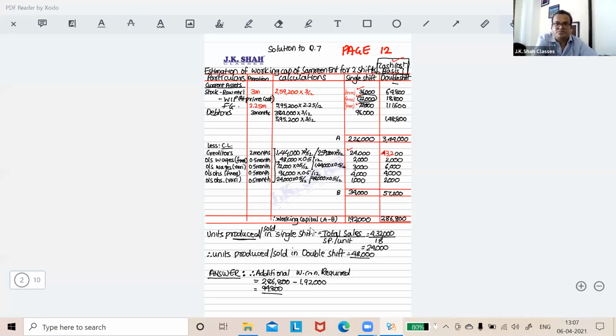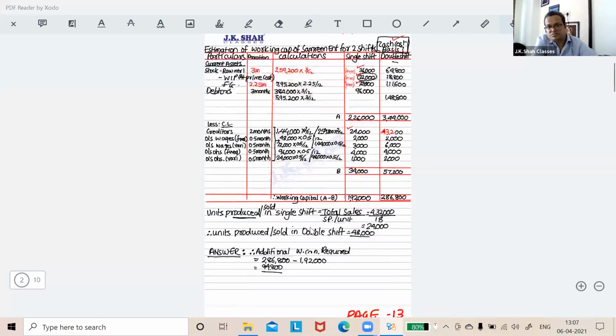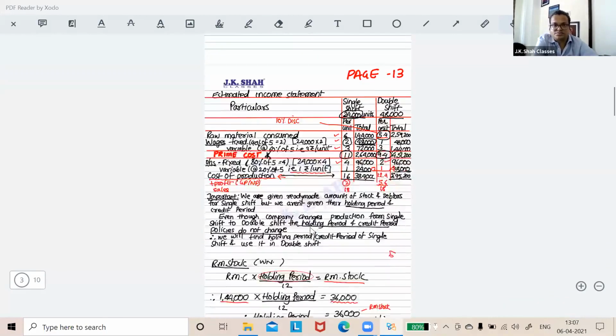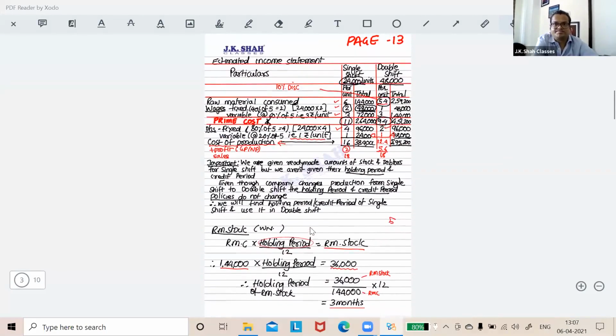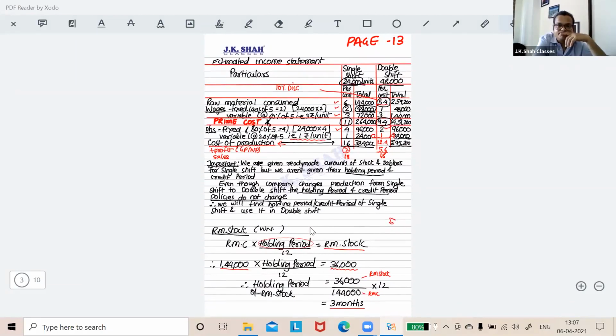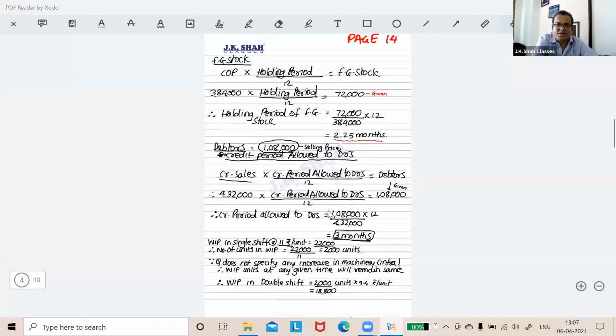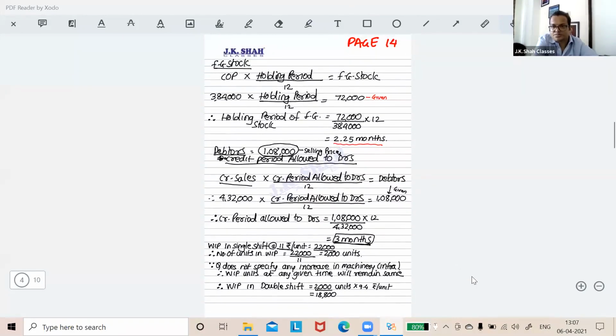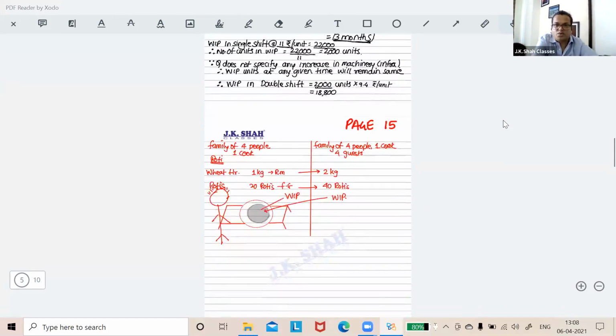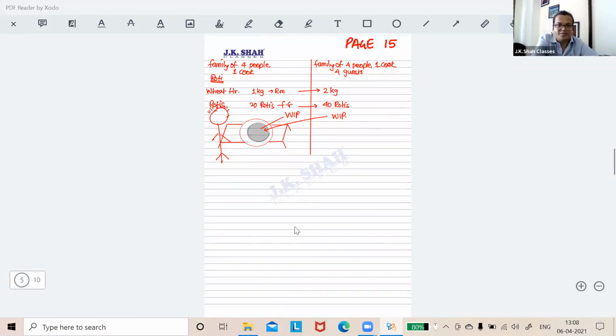Next page. It is still there. And in case you want to know how WIP remains the same, you can take this also.